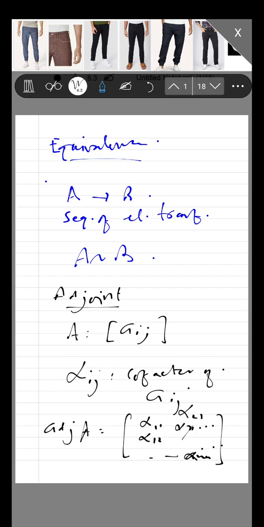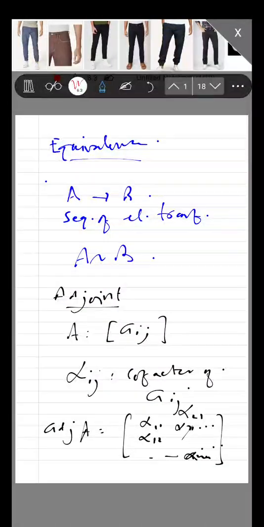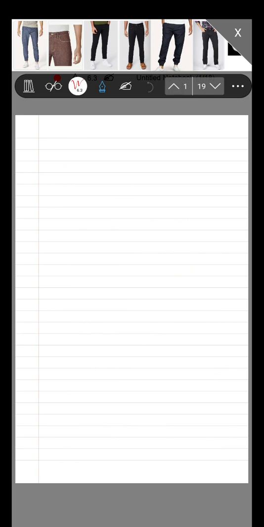And by cofactor, we mean that alpha ij is equal to minus 1 to the power i plus j into Mij. So let's try to understand it in another way.